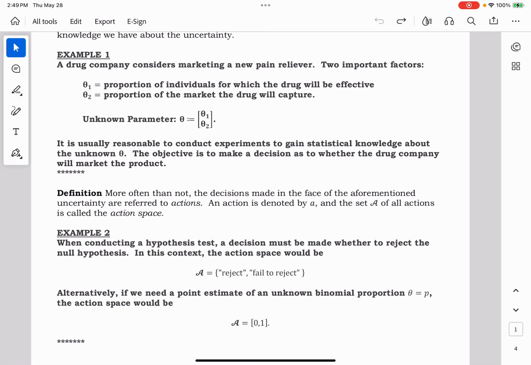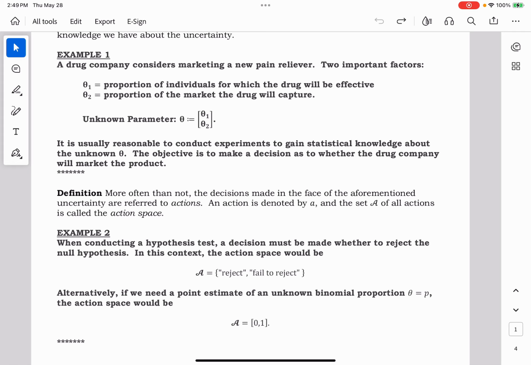But in this example, we're sort of ahead of the game, right? There is no data to consider because nobody's taken this drug, it's not to market, so we don't actually have data to look at. And so this drug company needs to make a decision beforehand. So, what is to be done here?